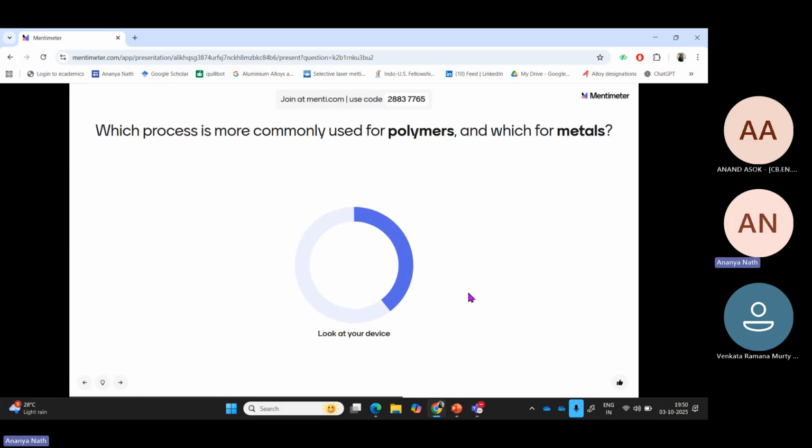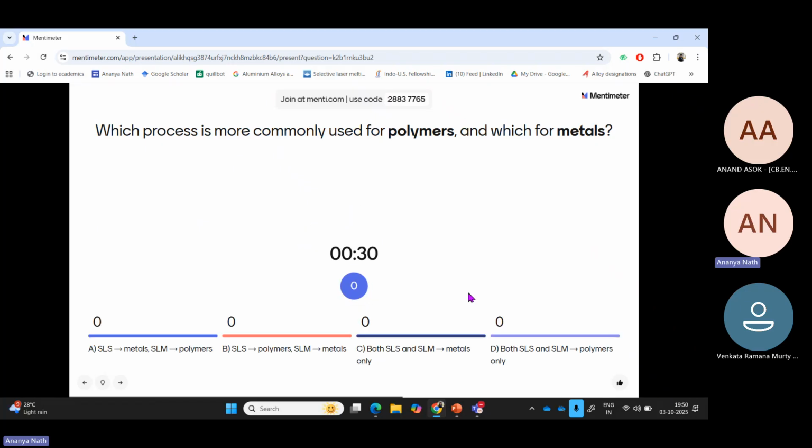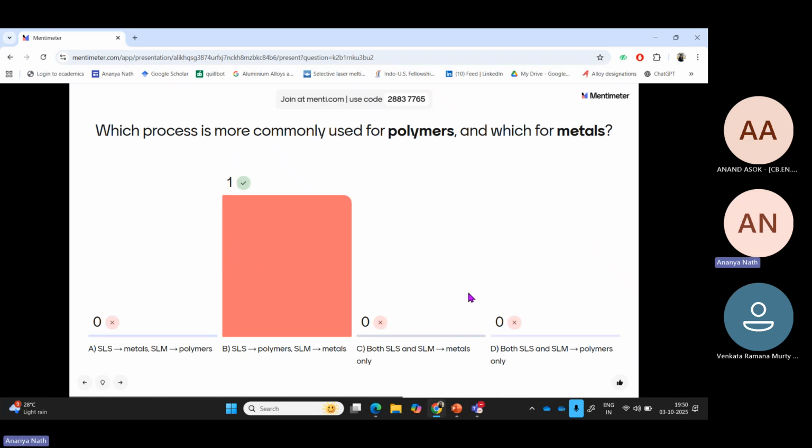Which process is more commonly used for polymer and which for metal? Yes, SLS for polymer, SLM for metal, and also powder bed fusion. Some people, at the beginning, I have seen other students mix it up with DED.